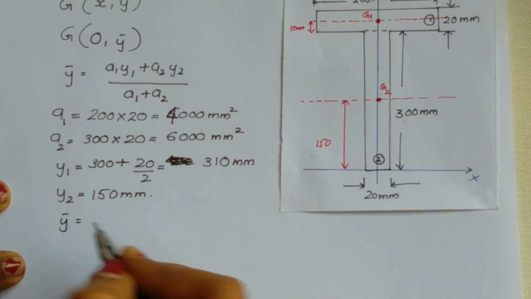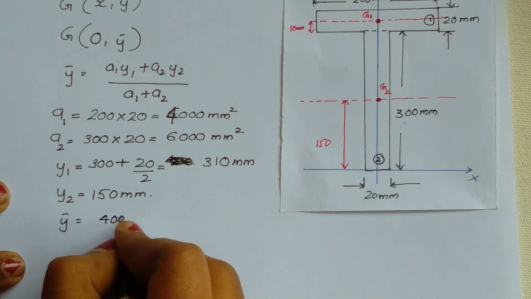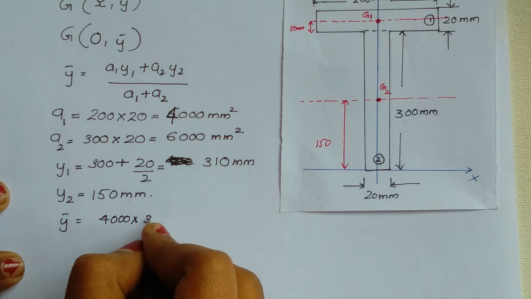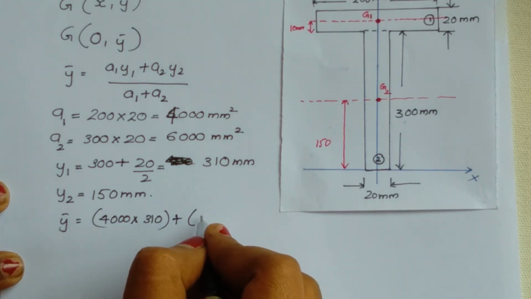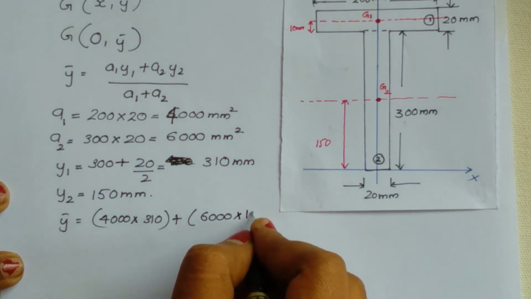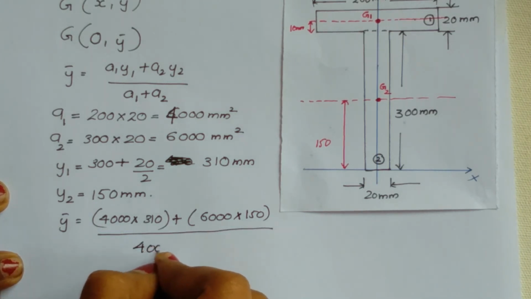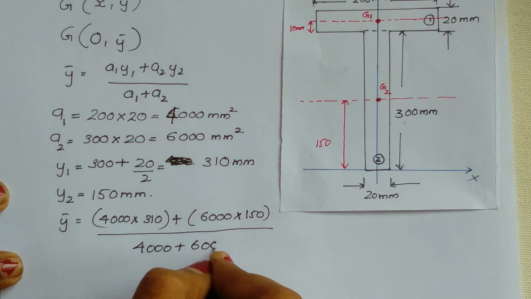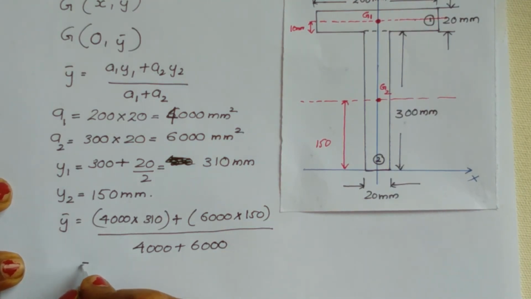So y bar is equal to A1, that is 4000 multiplied by y1, plus A2, that is 6000 multiplied by y2, divided by A1 plus A2. So the value will be 214 mm.